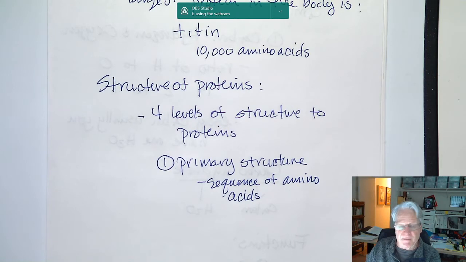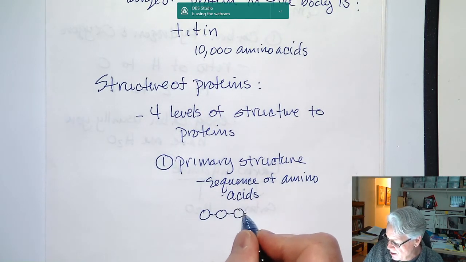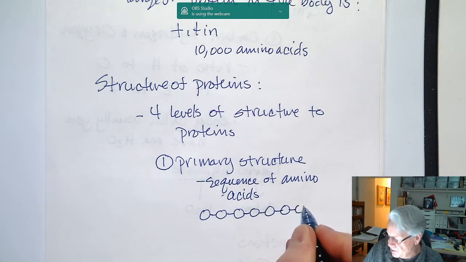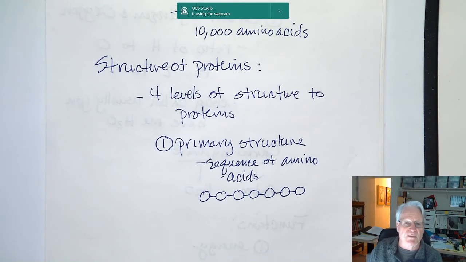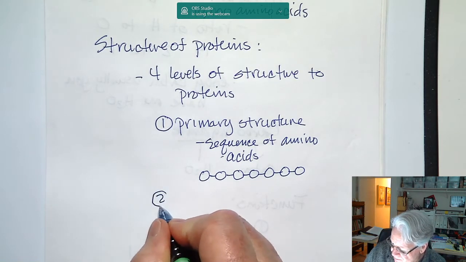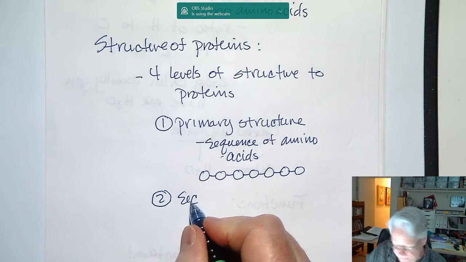So we're simply going to make a chain of amino acids, string them together, and that pattern that we produce is going to be the primary structure of that protein. Okay. The second level is called the secondary structure, oddly enough.